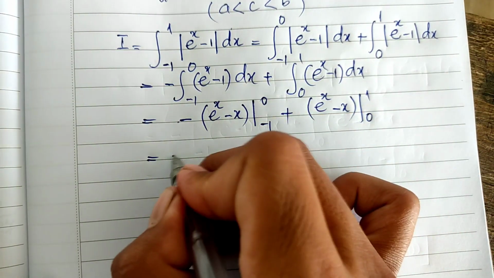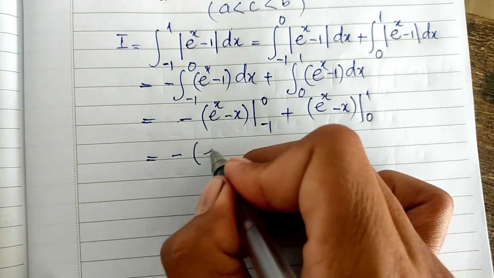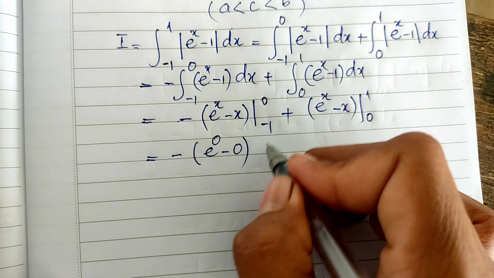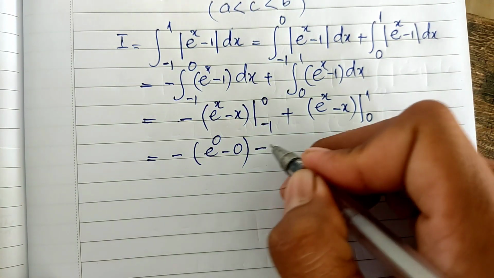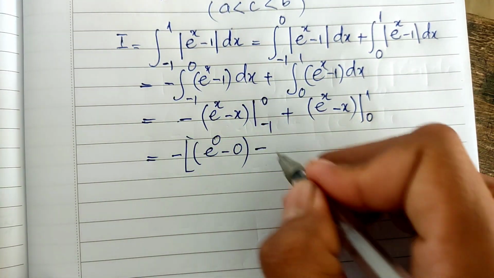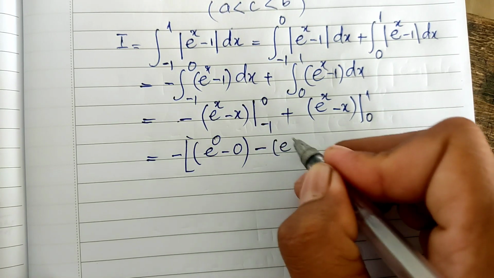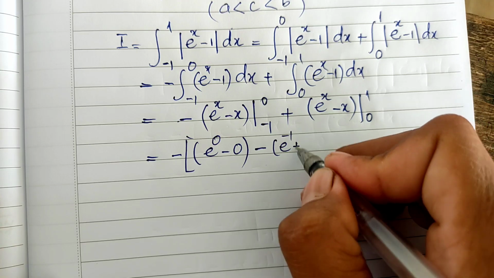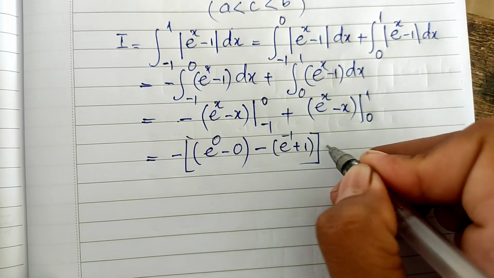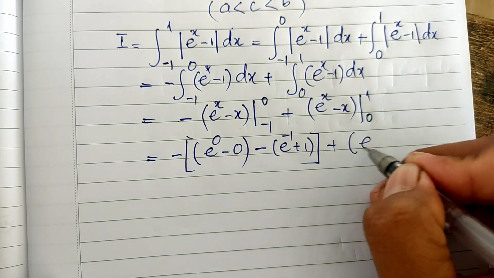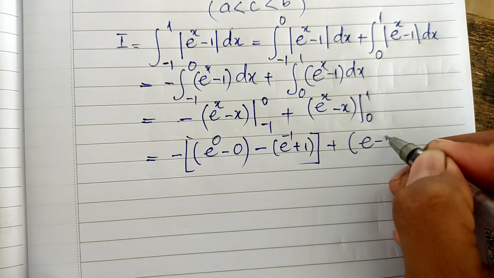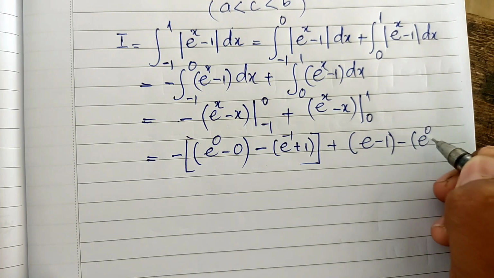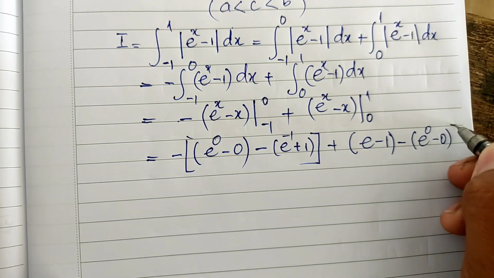Now for this I get minus of e^0 minus 0, and minus e^-1 minus (-1), so we get plus 1. Okay, plus this we get e^1 minus 1, and minus e^0 minus 0.